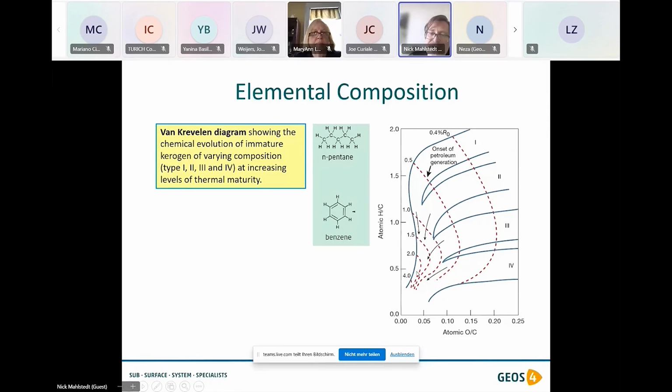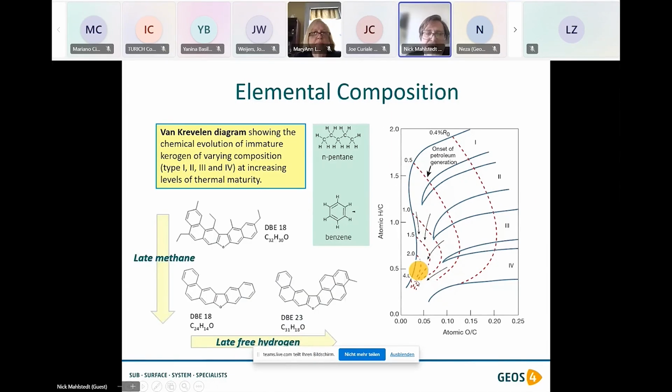Then in the metagenesis zone now, above 2% vitrinite reflectance, all the kerogen types have a pretty similar elemental composition, and that is exactly the place where we expect our late methane and late hydrogen generation to take place.